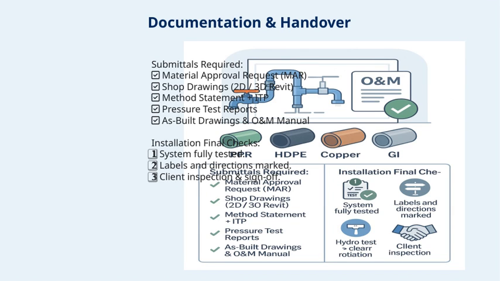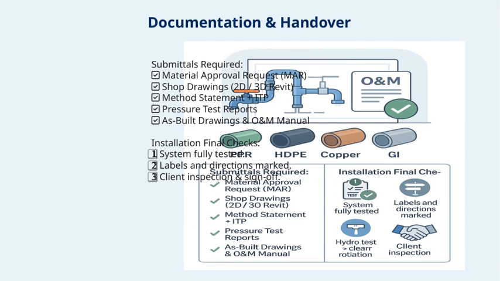First, we need to submit all the required documentation. This includes the Material Approval Request, or MAR, which confirms that all materials meet the specifications. We also need to submit shop drawings, both 2D and 3D Revit models, so the client can review the detailed designs.